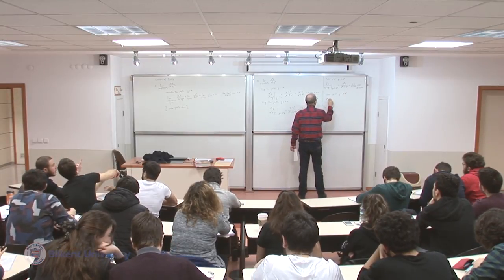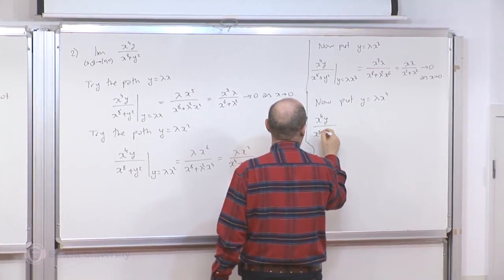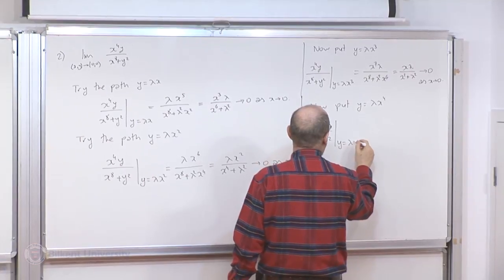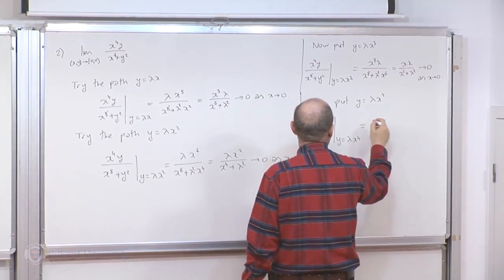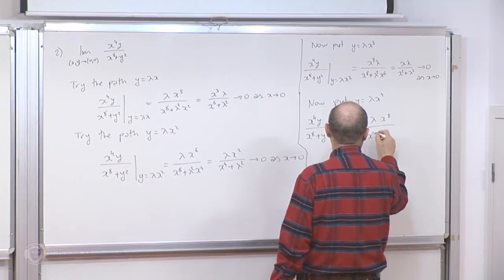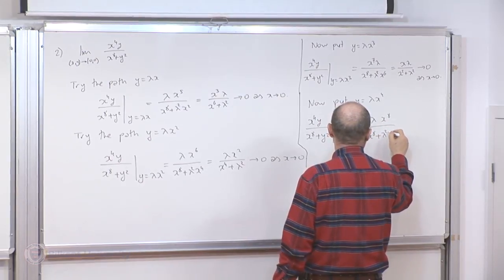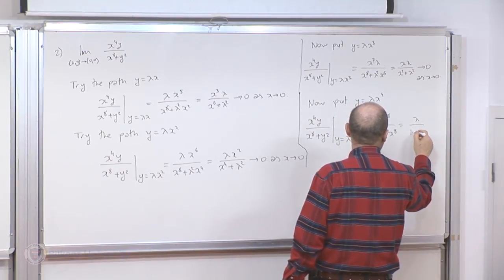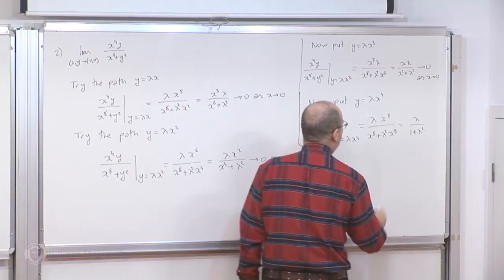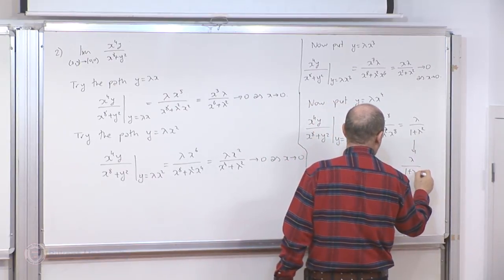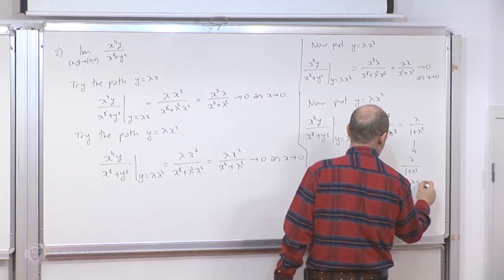So x to the 8 plus y squared restricted to this path, lambda x to the 4, should be lambda x to the 8 over x to the 8 plus lambda square x to the 8. Now this is equal to lambda over 1 plus lambda square. So this goes to this number as x goes to 0.